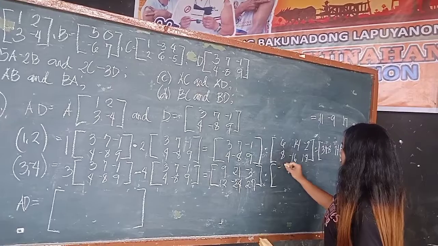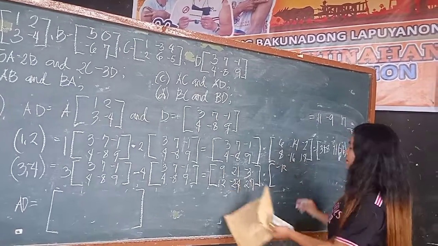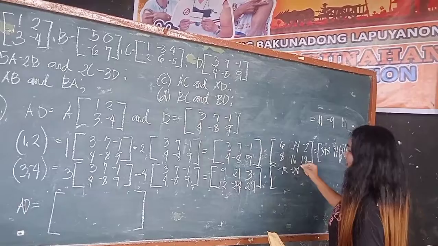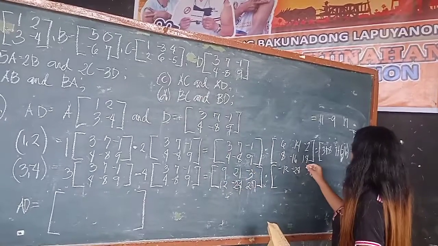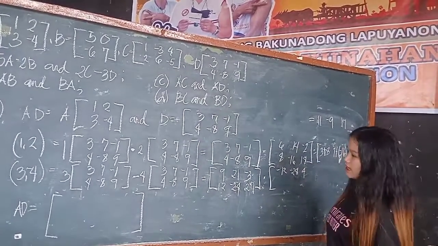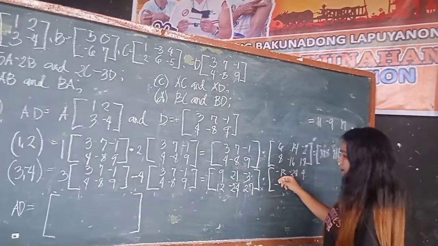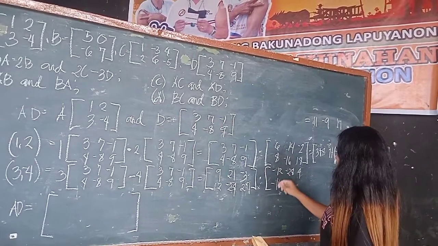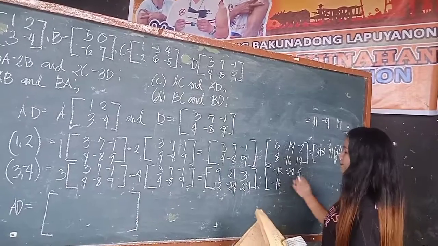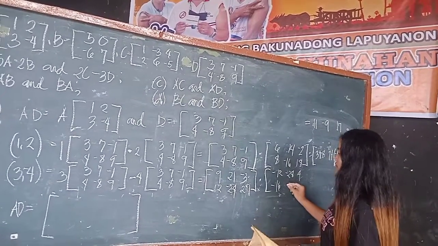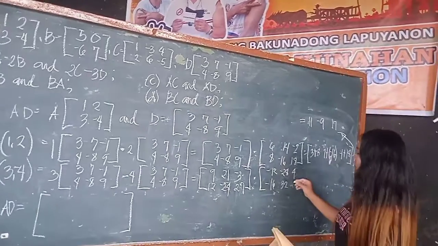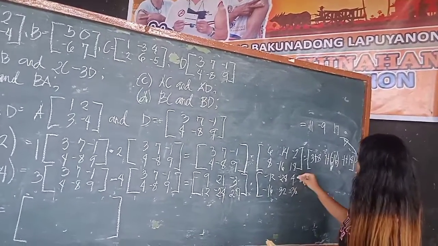Negative 4 times 3 equals negative 12, negative 4 times 7 equals negative 28, and negative 4 times negative 1 equals positive 4, then negative 4 times 4 equals negative 16, then negative 4 times negative 8 equals positive 32, and negative 4 times 9 equals negative 36.